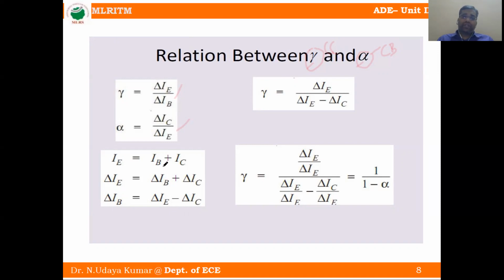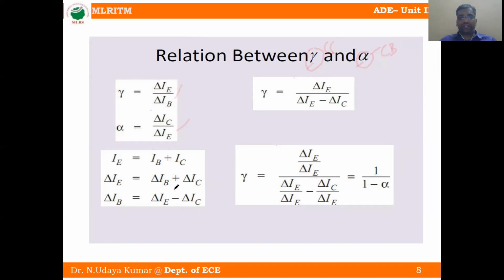So what is the basic formula? Emitter current is equal to base current plus collector current. You can apply it to both sides: change in IE is equal to change in IB plus change in IC. So change in IB is equal to change in IE minus change in IC.